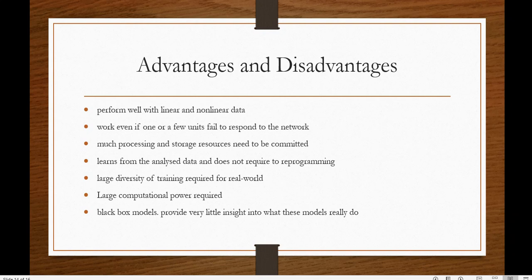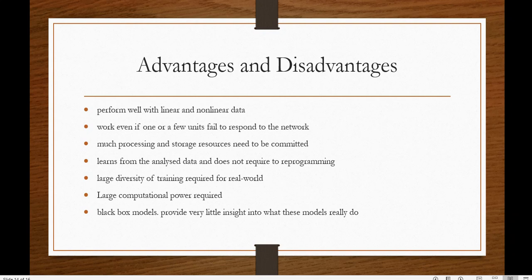So if you want to know each and every part of the program, how your data is processed and on what logic the outcome is generated, then this model is not suitable, because it will not give you much insight into how it is working.